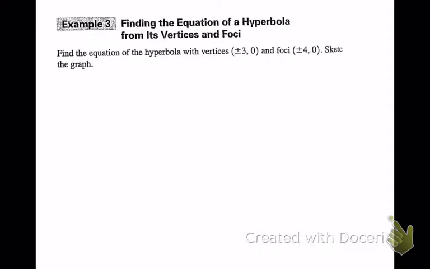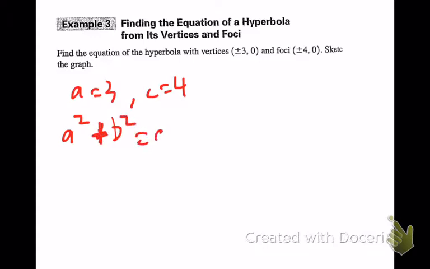All right, so we have the vertices are positive negative 3, 0, the foci positive negative 4, 0. So that means we know a equals 3 and c equals 4, right? So for a hyperbola, a squared plus b squared equals c squared. So that would be 9 plus b squared equals 16.